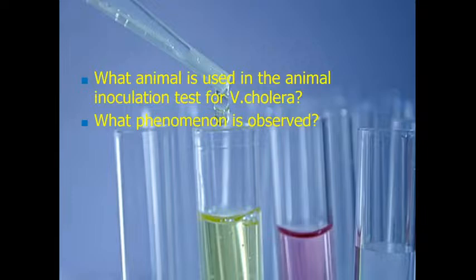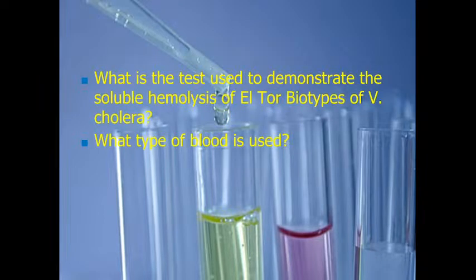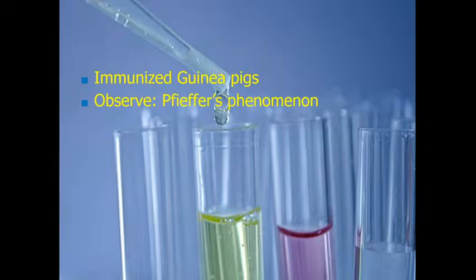Whether it's passive immunity or active immunity doesn't really matter. But what you observe is Pfeiffer's phenomenon. Pfeiffer's phenomenon is basically when even though the guinea pigs are immunized with Vibrio cholerae, they would still die.